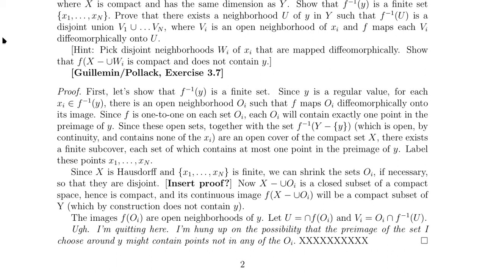So I know that each one is contained in an open set which is diffeomorphic to a neighborhood of Y. But first of all, I need to shrink them so that these open sets are disjoint in X. And then after I do that, we need a single set in Y whose preimage is going to be contained in these open sets that I'm calling O around each X.